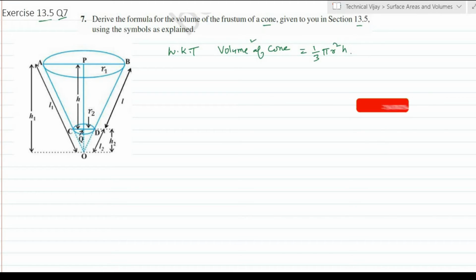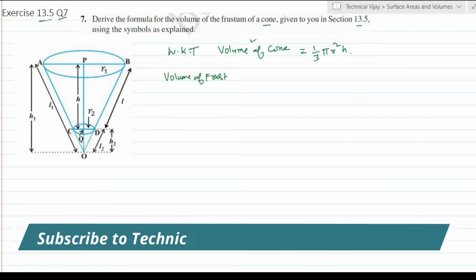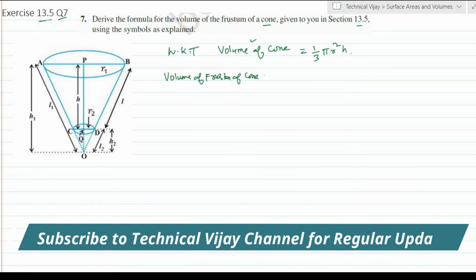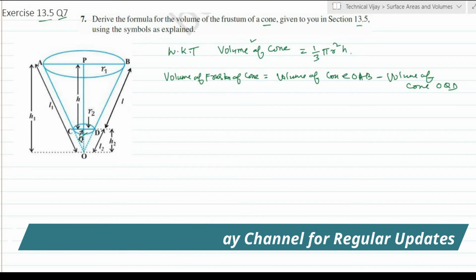By the use of this formula, we have to calculate the volume of this frustum of a cone. The volume of the frustum of a cone is equal to the volume of cone OAB minus the volume of cone OQD, because from the total volume, this volume has been removed.